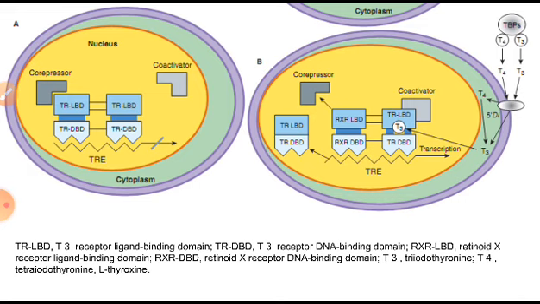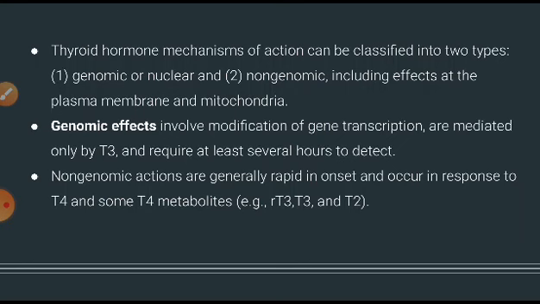And when it binds with the ligand binding domain, it removes the repressor effect on it, and the activator will bind with it and make it activated. So once it gets activated, it will go and bind with the TRE, and then the changes on the gene will start happening. So this way this whole process happens.